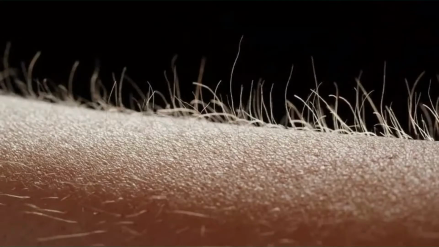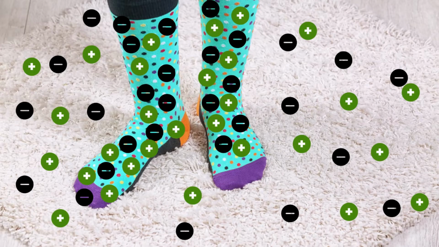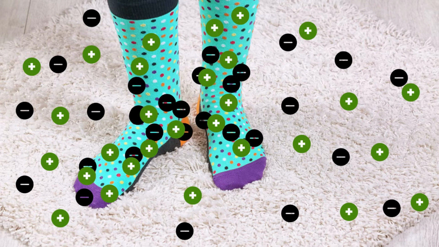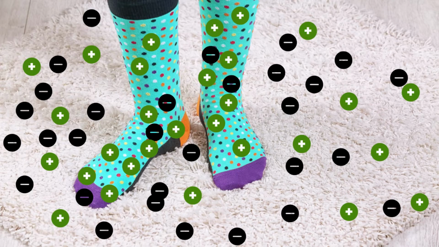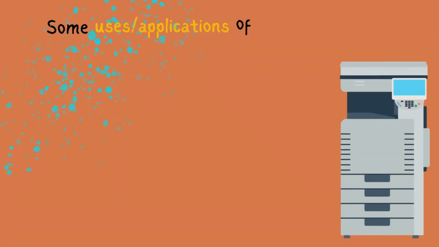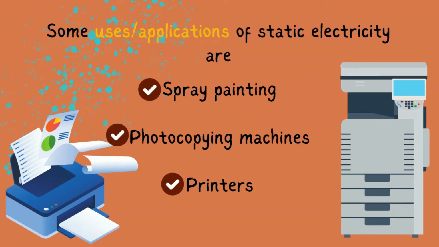Just after a television set is turned off, hairs on arms stand on end when placed close to the television screen, and when we rub our feet on the carpet. What happens is that we become positively charged as we rub off electrons from our bodies. Some uses or applications of static electricity are spray painting, photocopy machines, and printers.